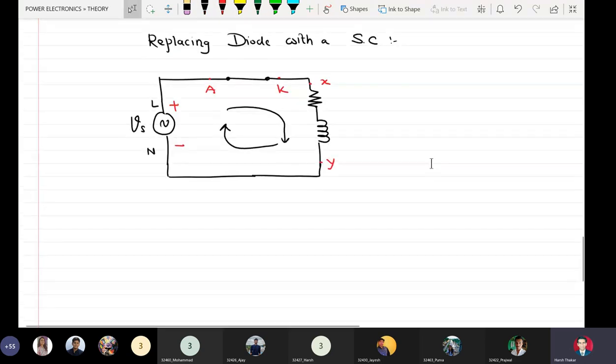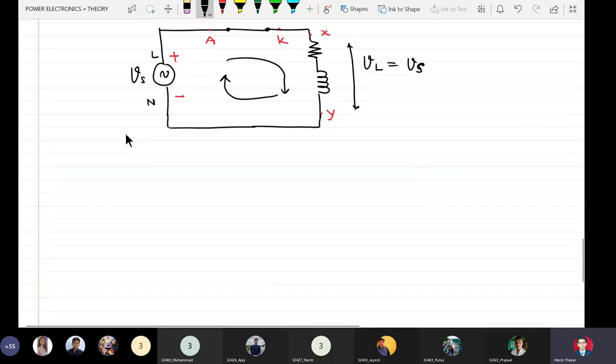So basically the source Vs is getting connected directly across the load. So across the load we have VL equal to Vs. The entire source is appearing across the load here.